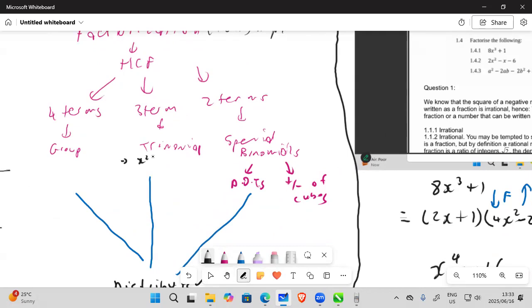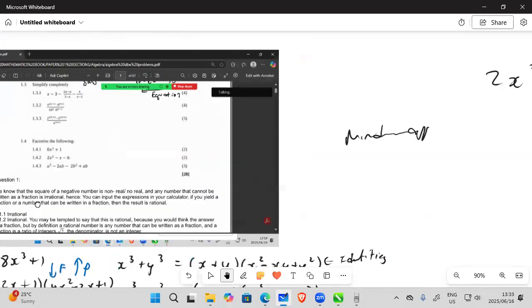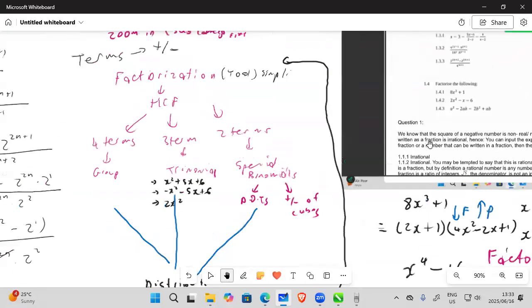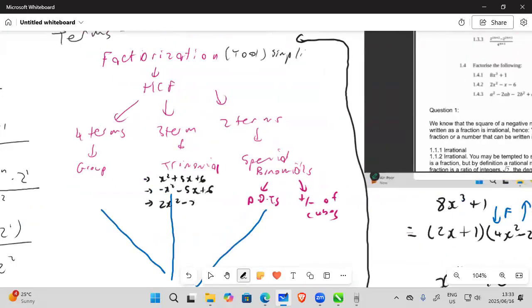You could say, okay, x squared plus 5x plus 6. You could have x squared minus 5x plus 6. Or you could have something like 2x squared minus x minus 6. And so if you look at this here, okay, let me just say it. If you look at this here, what's different?